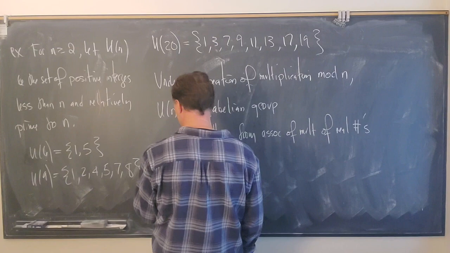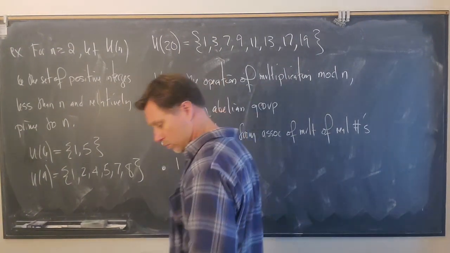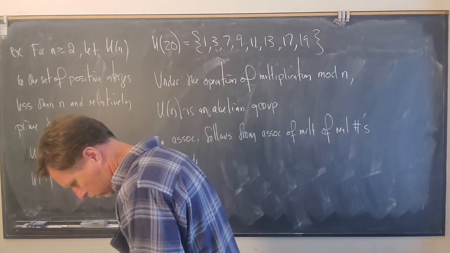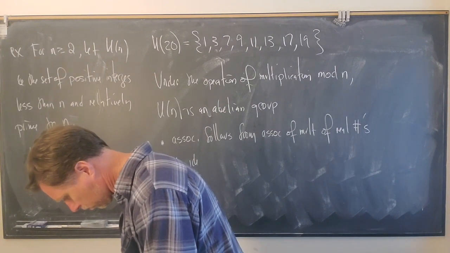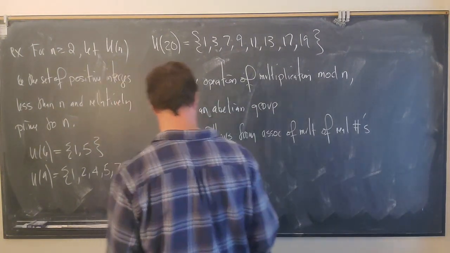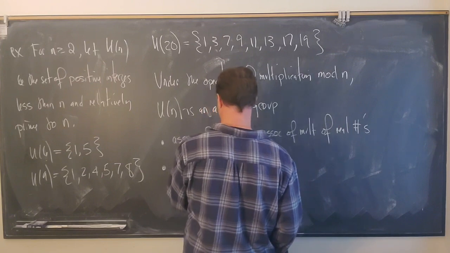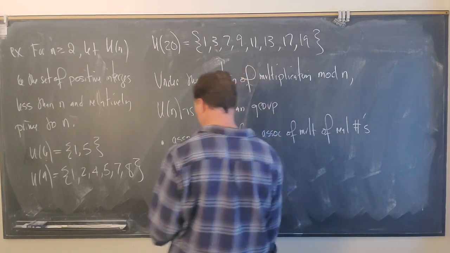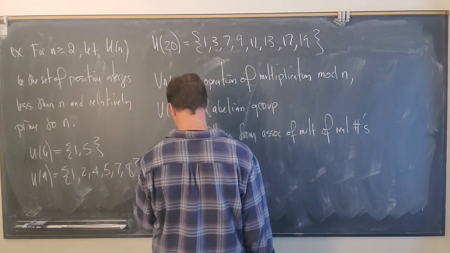For the identity, 1 is definitely the identity. And then for inverses, this is really what you need to do.